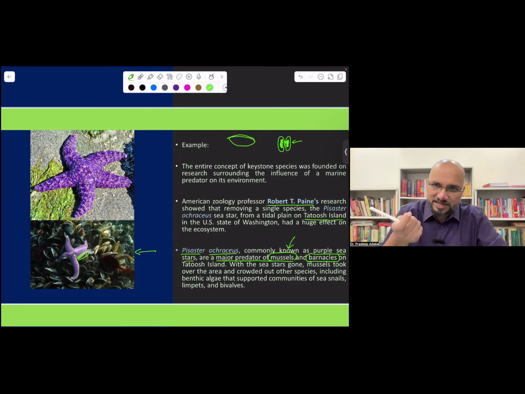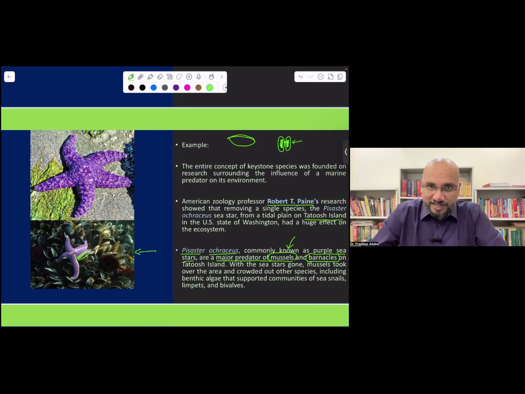So these barnacles are actually a nuisance. They are very uncomfortable when they attach very strongly on the body. They increase the weight. It will be very difficult for the animal to swim, right? On turtles they can be found, and also on the bottom of the ship, they will attach themselves.